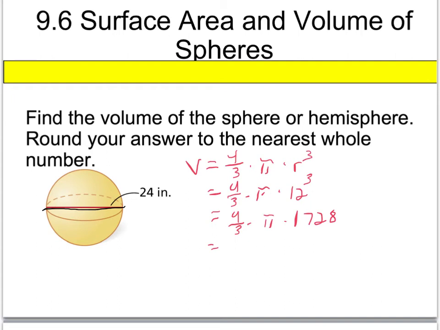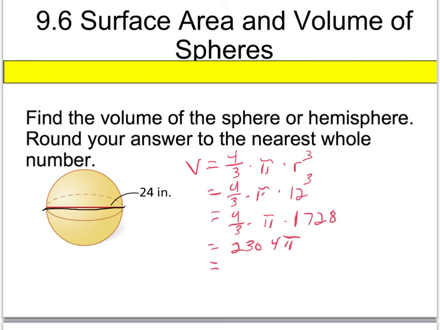I like to take 4 times 1,728, divide that by 3, still keeping my pi in there, and I get 2,304 times pi. If you didn't get 2,304 times pi, go back on your calculator, plug it back in, and see if you can get it.